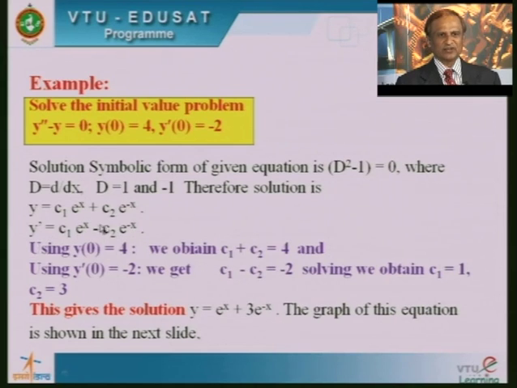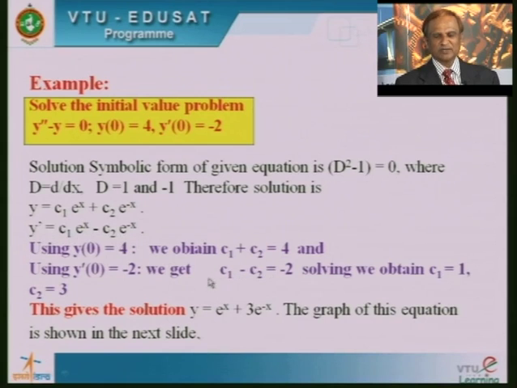So, you can obtain the derivative of this equation. In this equation I can replace x naught by 0 and y single prime of 0 is equal to minus 2. Now, exactly in the similar way I can obtain C1 minus C2 is equal to minus 2 from this equation.